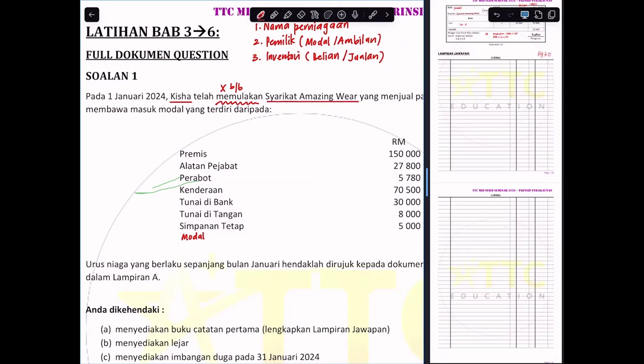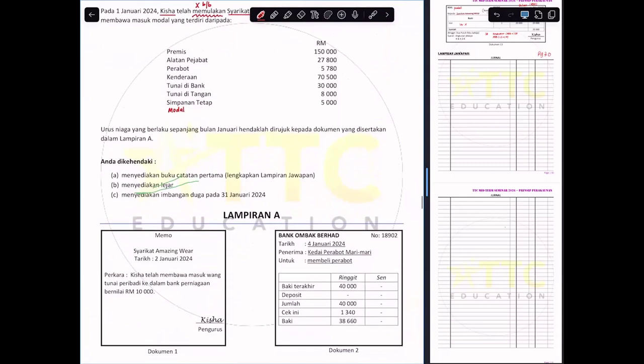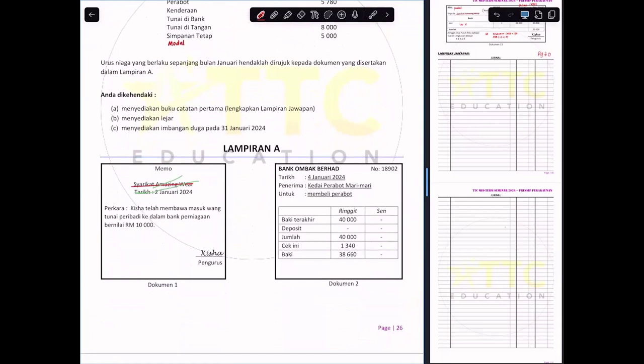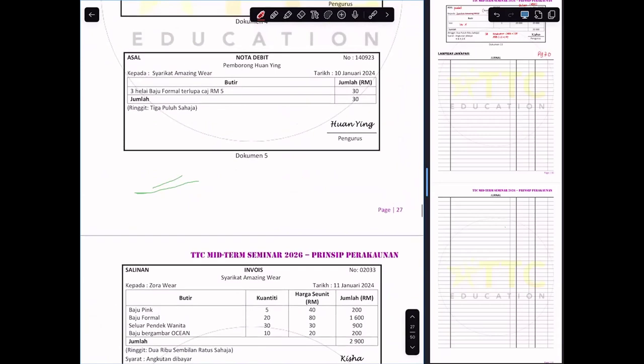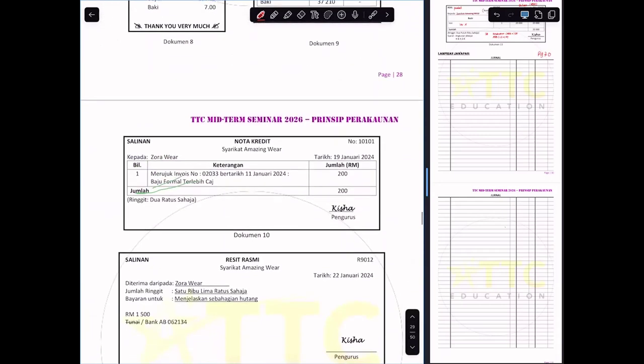So the tip here is, as long as you know your company name already, go through all the documents, find Syarikat Amazing Way, and cross out anything written as Syarikat Amazing Way. Because this step is to avoid you accidentally writing your own name into the account, which is wrong. So cross it, one by one for the account. Cross whatever is Syarikat Amazing Way.